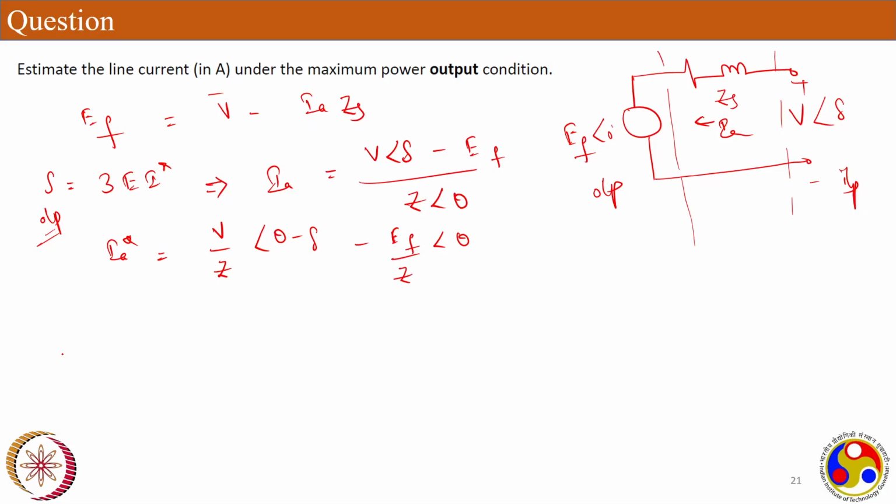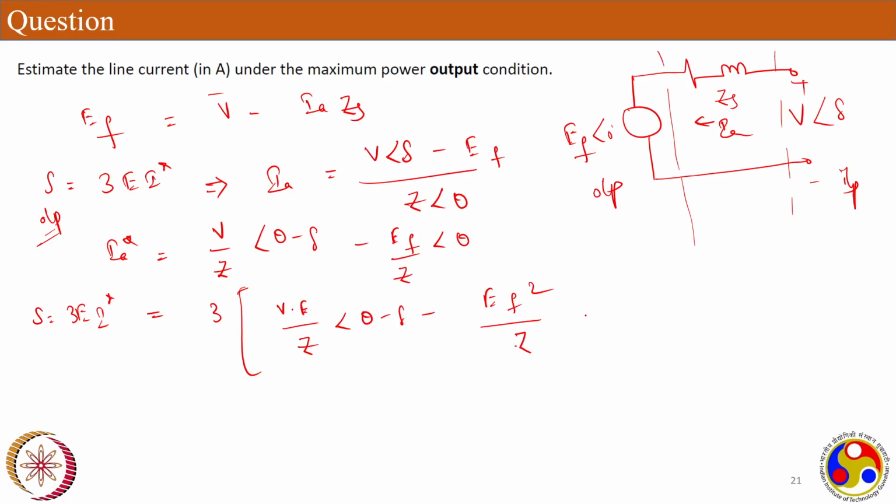Now S would be 3 times EI star. Now 3 would be outside. I multiply the whole expression with E: VE by Z at an angle theta minus delta minus EF square divided by Z cos theta.